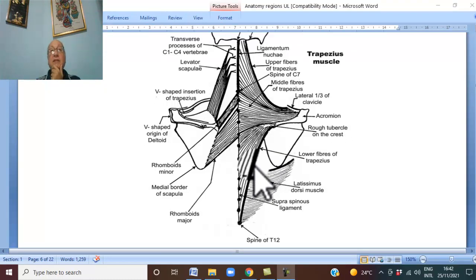Okay? Bounded laterally by medial border of the scapula.